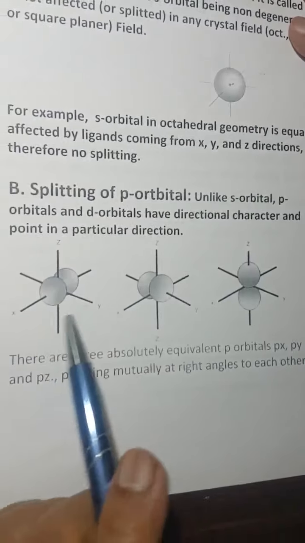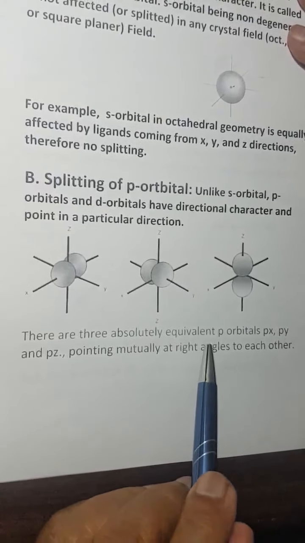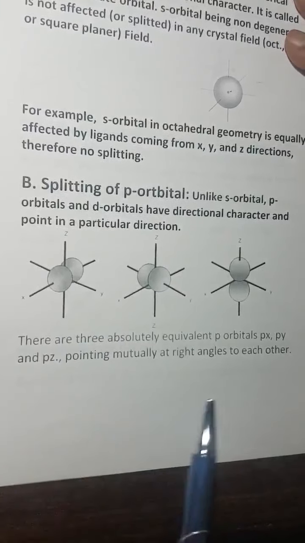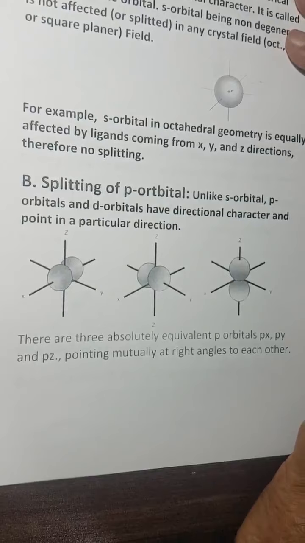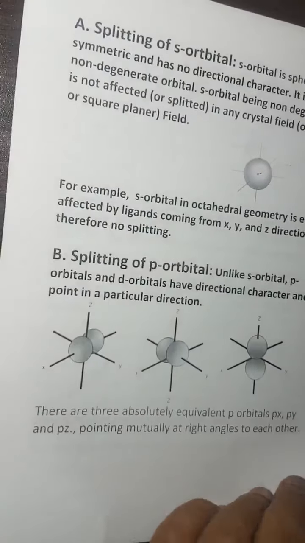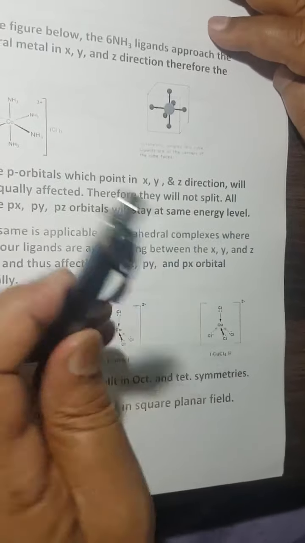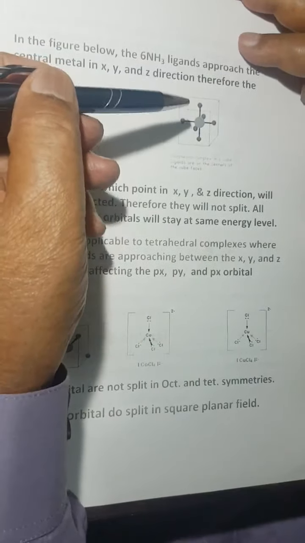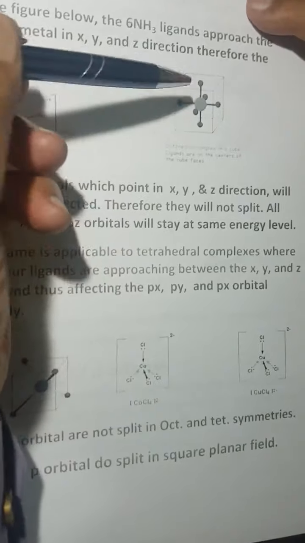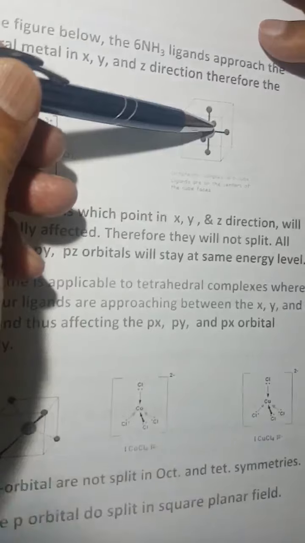Splitting of p orbitals, the shapes of the p orbitals is shown here. There are 3 absolutely equivalent p orbitals, px, py and pz. They are all pointing mutually at right angle to each other. We are already familiar with this, and in the figure below you can see very well. I have put a metal here which contains p orbital, and here the ligand is coming in the z direction.